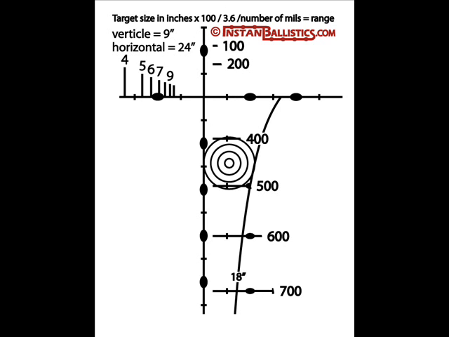If we drop that target right into our chart, you can see that the maximum diameter of that target just touches the funnel right around the 450, 460 yard distance. The target ends up being right between 400 yards and 500 yards in this example.